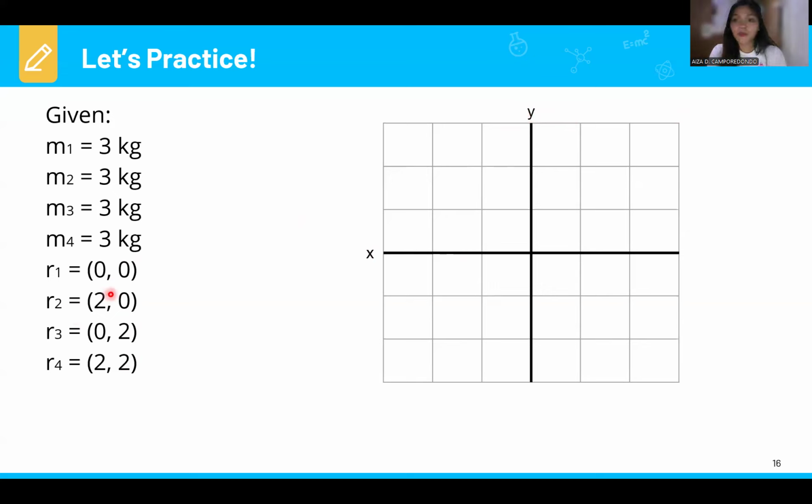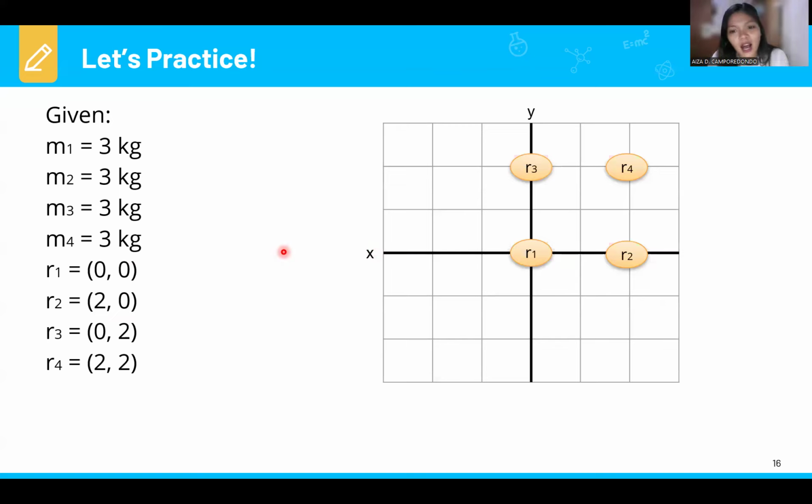Now, the first particle is at x coordinate 0 and y coordinate 0, so we can conclude that the first particle is at the center of the graph. On the other hand, this is where we're going to graph the second particle. For the third particle, can you guess? Okay, so this is where the third particle is located. How about the fourth particle? Okay, so this is where the fourth particle is located.